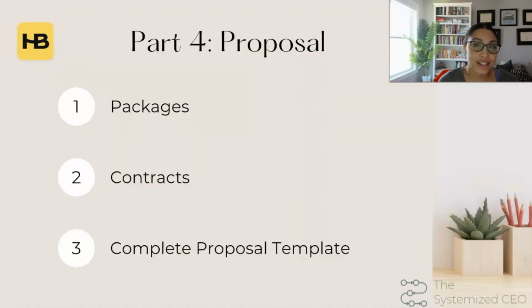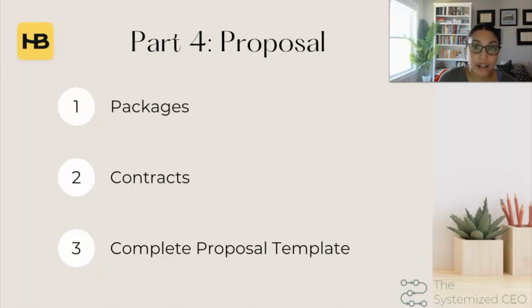Let's talk about what we're going to learn in this video. The first thing I'm going to go through is how to structure and set up your service packages. Service packages is a feature in HoneyBook that gives you one place to set up your offers, so that when you update your offers, they're automatically updated in all of the other templates.